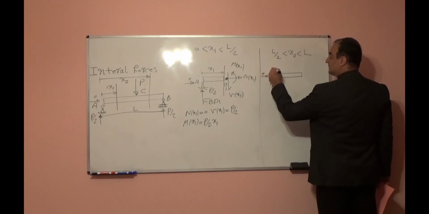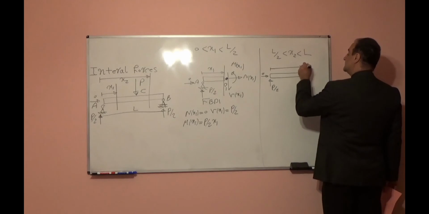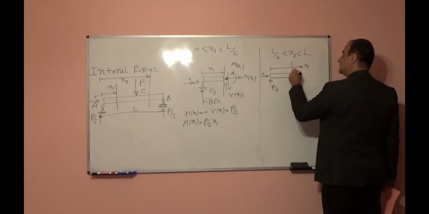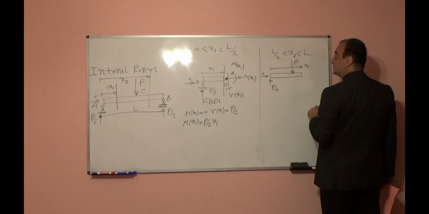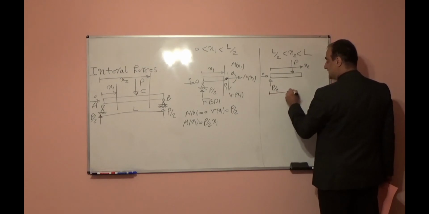This is 0. The cut point is x2. You have here external load P, and from here to here it is L over 2.